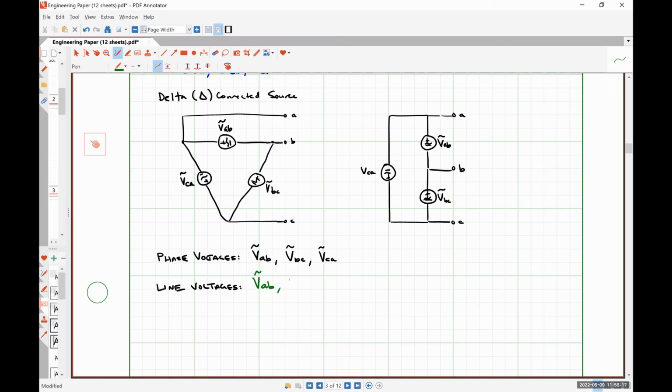VAB, VBC, and VCA. So just to spell these out. Literally the exact same quantities.